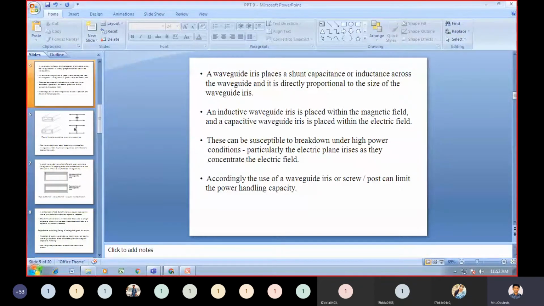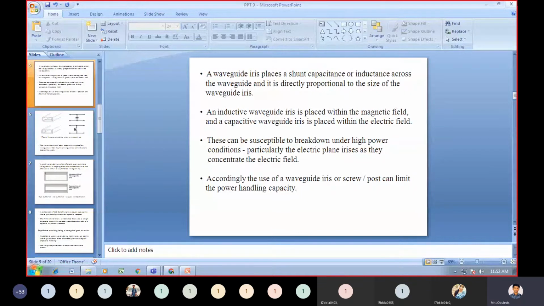You need to keep these two points in mind: an inductive waveguide iris is placed within the magnetic field, and a capacitive waveguide iris is placed within the electric field.